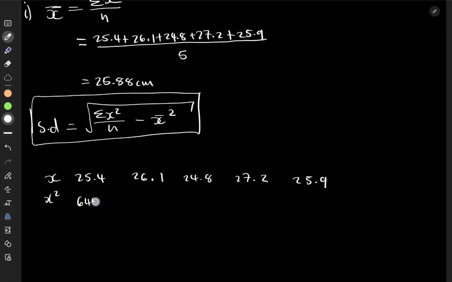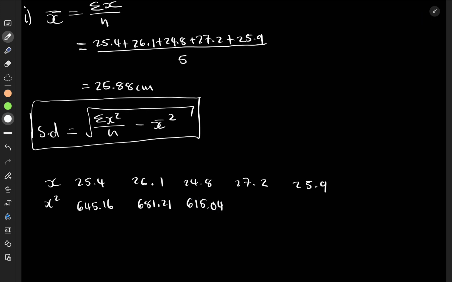So this becomes 645.16. Then the next one is 26.1 squared again. This becomes 681.21. Then 24.8 squared becomes 615.04.